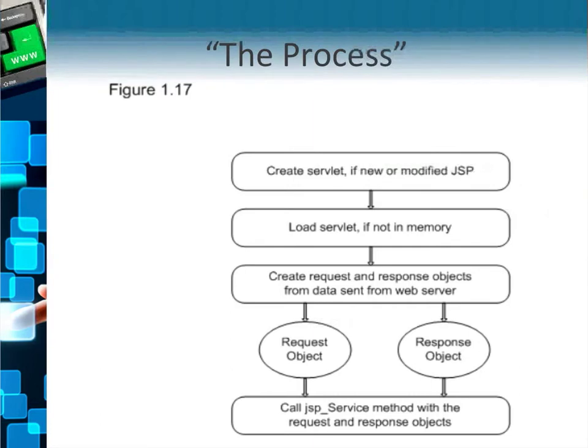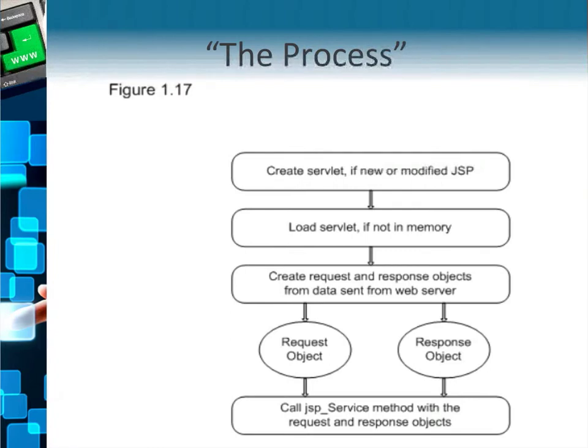These parameters are the objects that the servlet engine generated from the request data that was sent from the browser and from the response data that was forwarded by the web server. Then it goes on about the type of objects they are, which is an HTTP servlet request and HTTP servlet response.